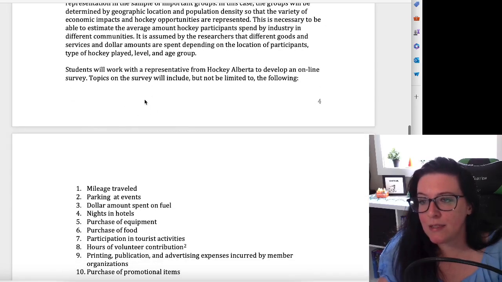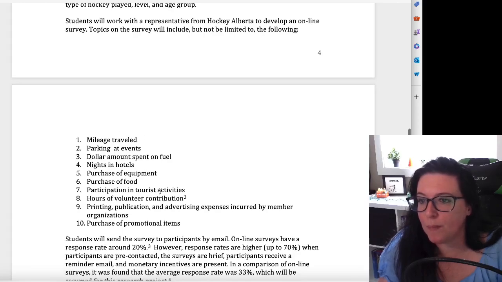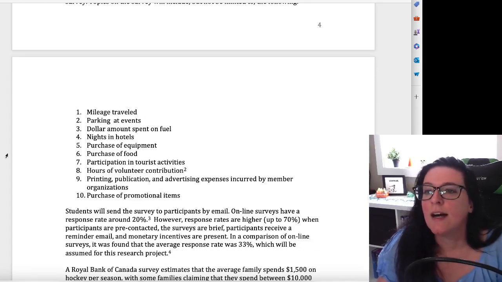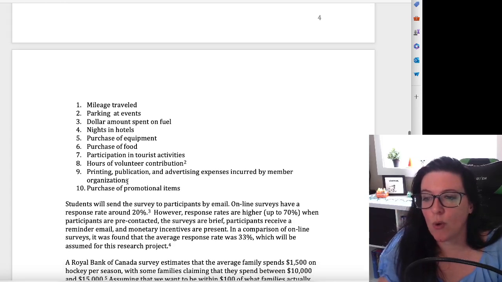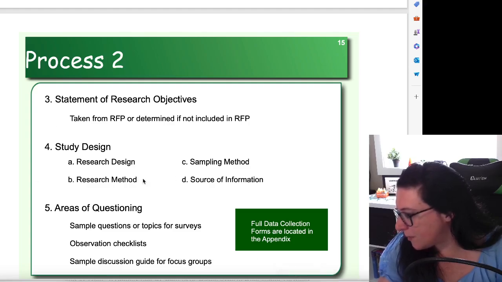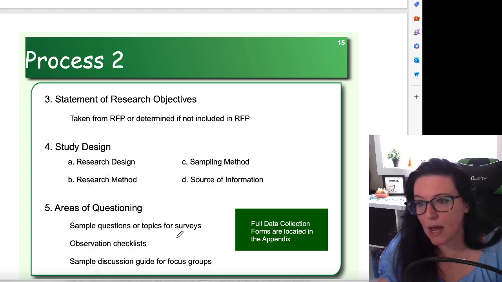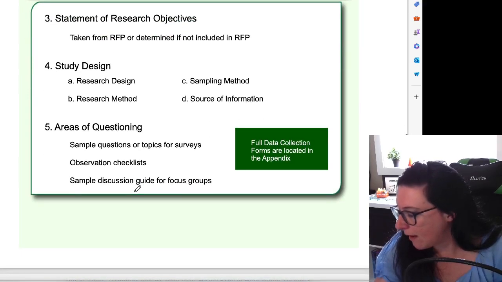For families, those who actually play hockey, we're going to ask about mileage and parking and hotel costs and fuel costs and food costs, whether they go and do other touristy things, and so on. So if we just go back to our list here, we are looking at the study design and the areas of questioning. So here, sample questions or topics for the different surveys. Okay.